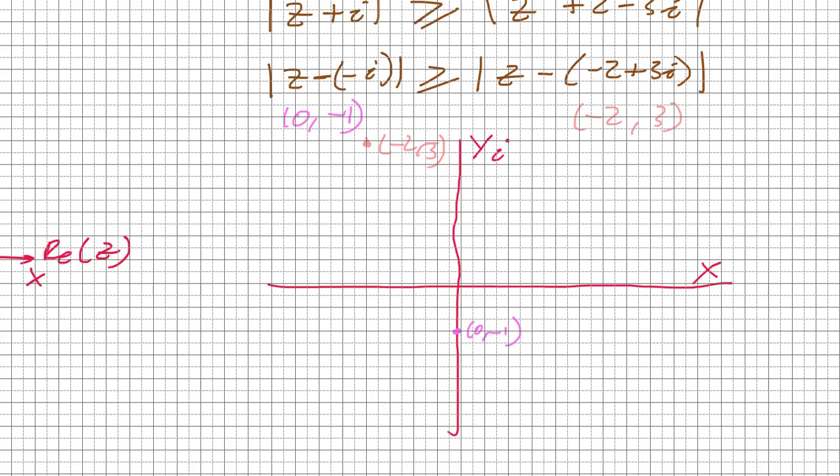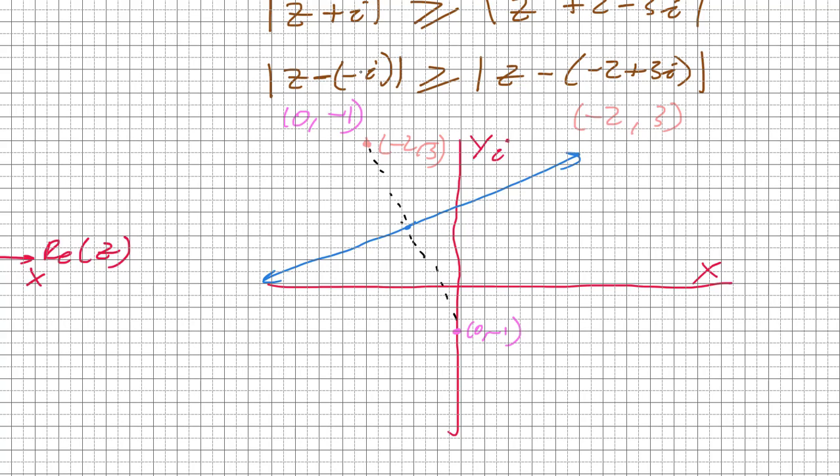We can put in the line joining these two as a bit of a sketch, and then we can put in our perpendicular bisector. Halfway is going to be about here, and because we're greater than or equal to, we're going to have a solid perpendicular line. Then we just need to work out which side is going to be our region.